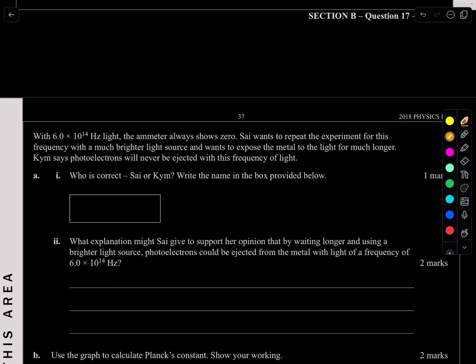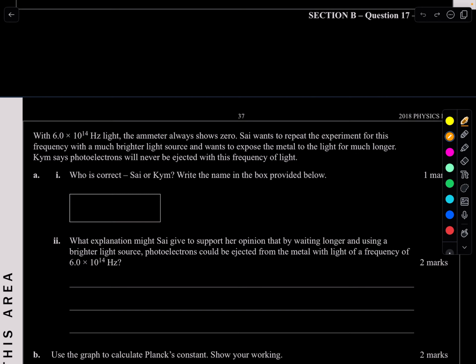Sai wants to repeat the experiment for this frequency with a much brighter light and expose the metal for much longer. That's not going to do anything, because it doesn't depend on exposing it for longer. Kim says photoelectrons will never be ejected with this frequency.